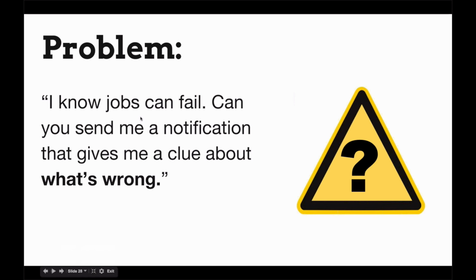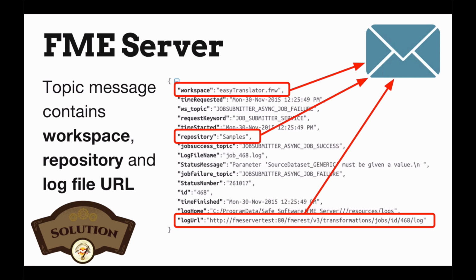Okay, so now we're back over here. So that's that demo, and now it's back over to you, Aaron. So this is going to talk about how jobs can fail. Can you send me a notification that gives me a clue about what went wrong? Yeah. So in the past, people would run a schedule.